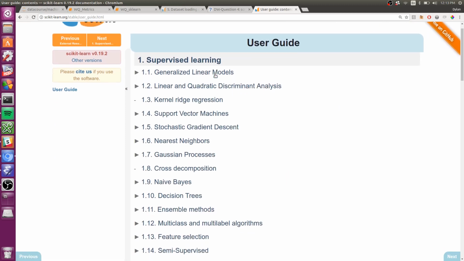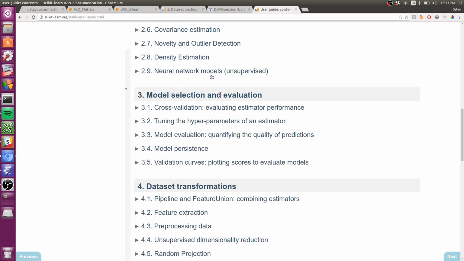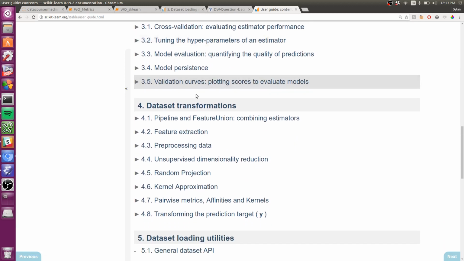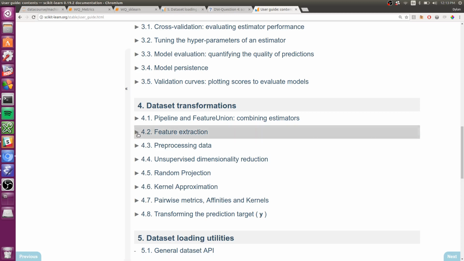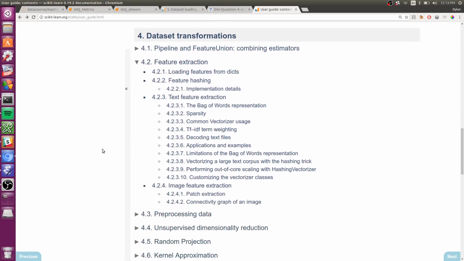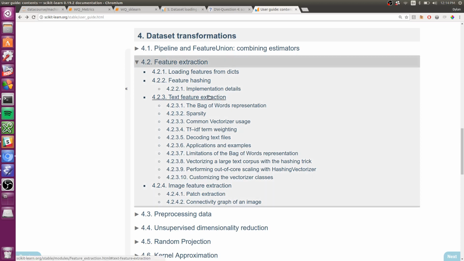Actually, I want to go to the user guide. One thing I want to highlight is there are a lot of transformers. We're not always working with a feature matrix right away. We don't always have a nice table full of numbers that we can use with some estimator. So there's all kinds of transformers for constructing feature matrices from things like text or images.